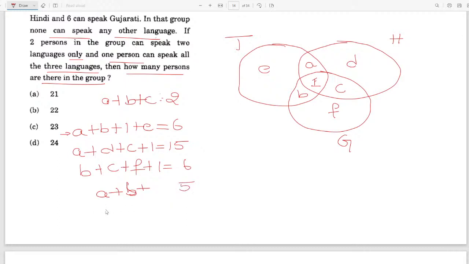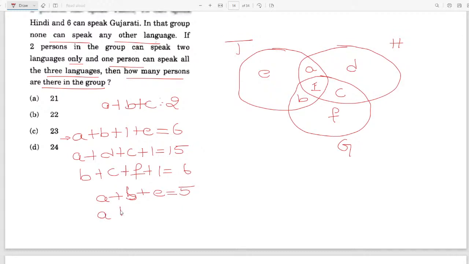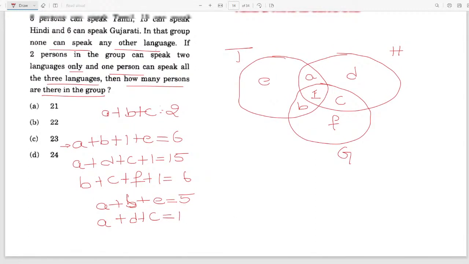And then we have A plus D plus C is equal to 14. This is 14. And then third one is B plus C plus F is equal to 5.